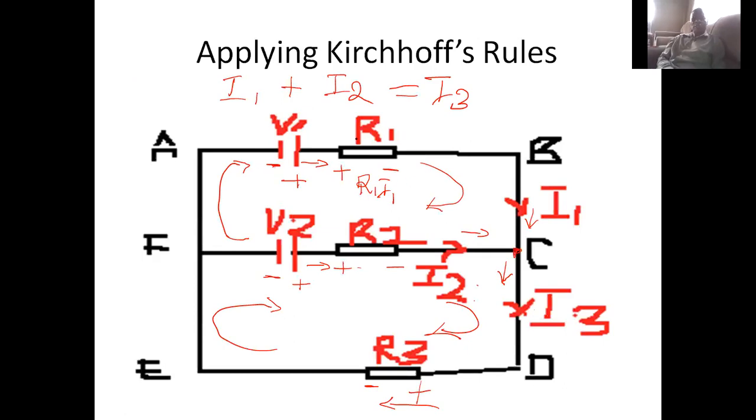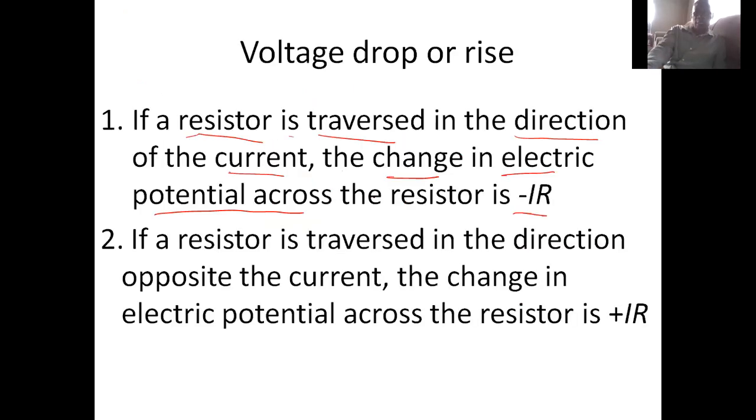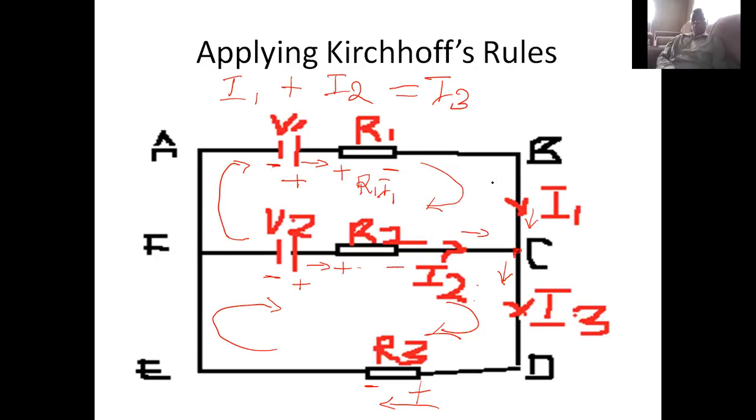But when you reach this resistor, you'll see there is a drop in the potential difference. So we are going to have negative here because of the drop, and therefore at this point on resistor number 1, we have negative R1 multiplied by current 1.